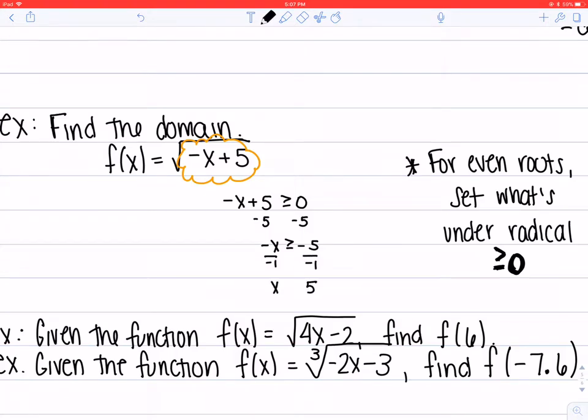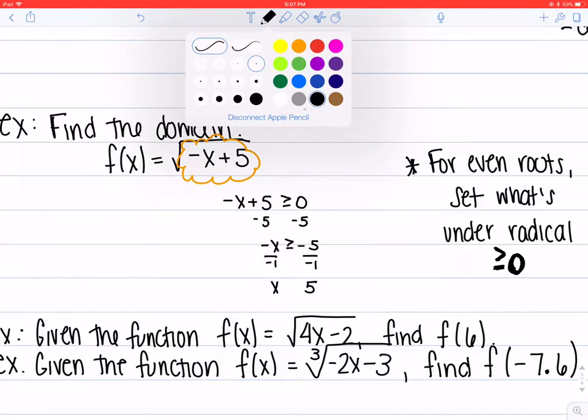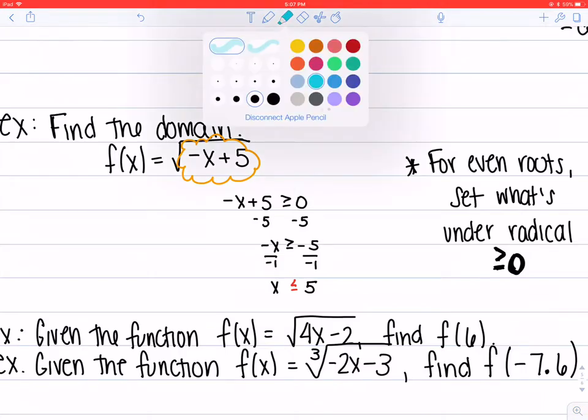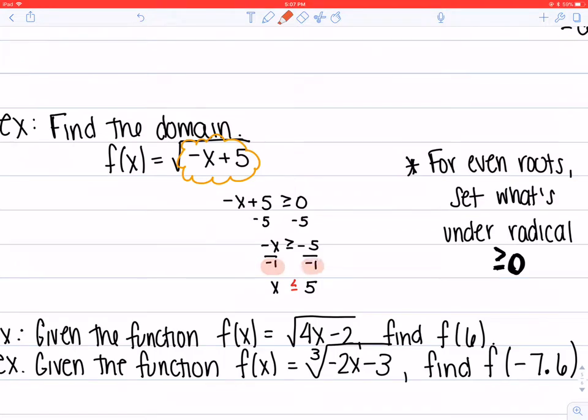Now, something you may have forgotten from Math 101: if you divide by a negative number, you have to flip the inequality. So down here, where I divided by negative 1, that's what told me to flip the inequality.